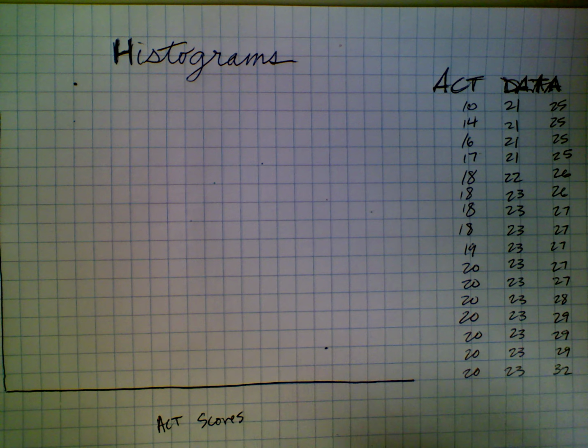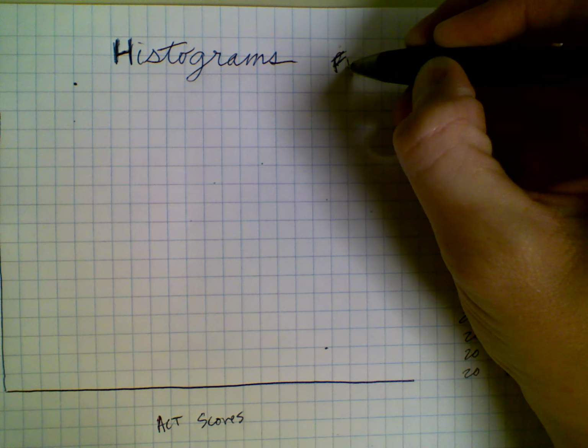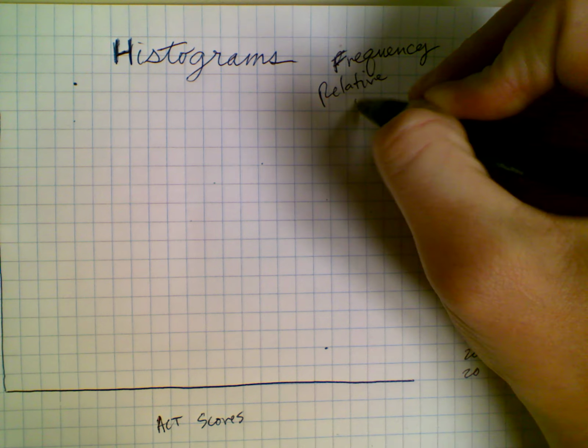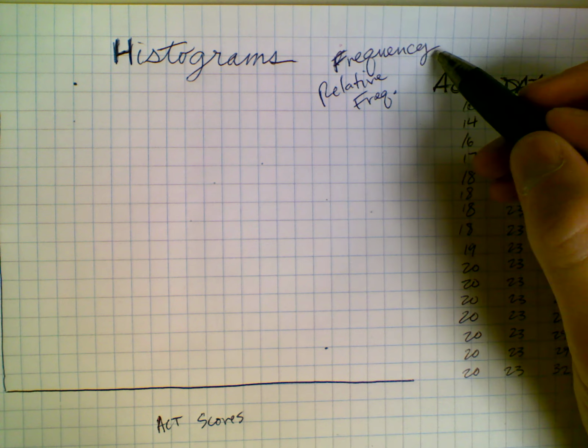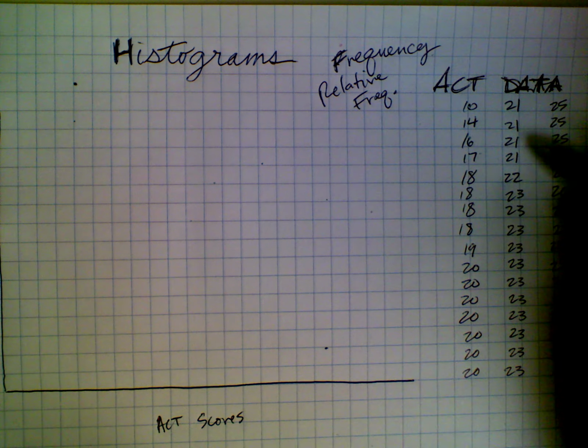Over on the left, there are 4 different kinds of histograms. You can have a frequency histogram, a relative frequency histogram. A frequency histogram will count up how many of a point shows up. So we're going to do a frequency histogram for this data.